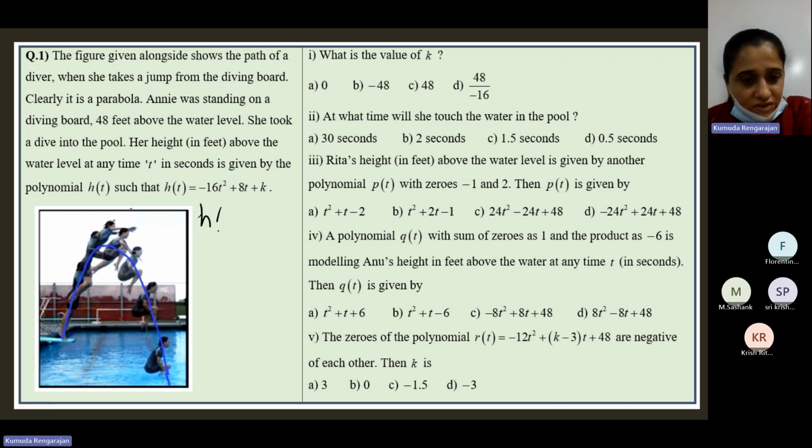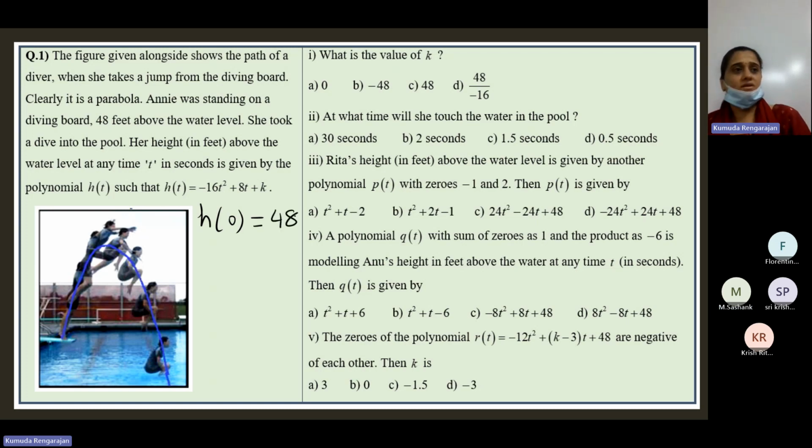So h of 0, that is when time t is 0, when you give a value for t, you will get the height at that time. So when t is 0, what is the height? 48 feet. So h of 0 is equal to 48.